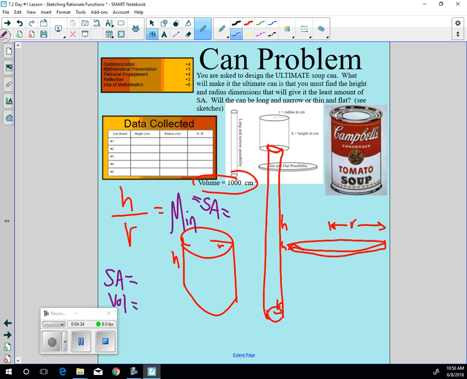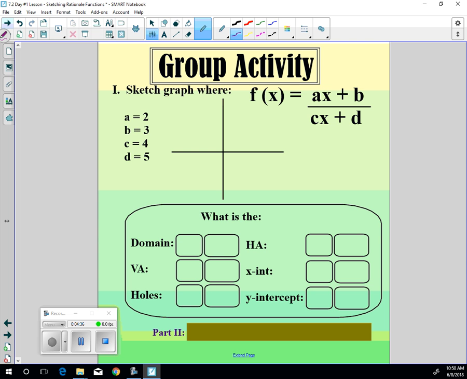That's one extra problem. Another extra one is a group activity that we do where you're going to sketch f of x equal to (2x + 3) over (4x + 5), and from that information find the domain, the vertical asymptotes, horizontal asymptotes, holes, and y-intercepts.